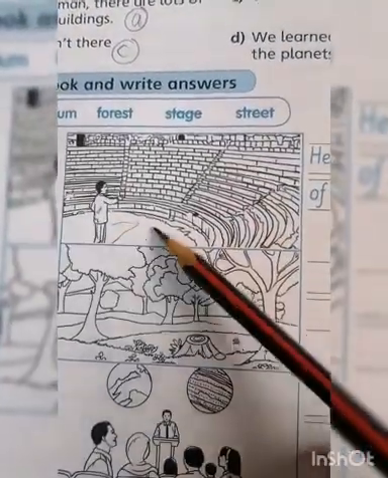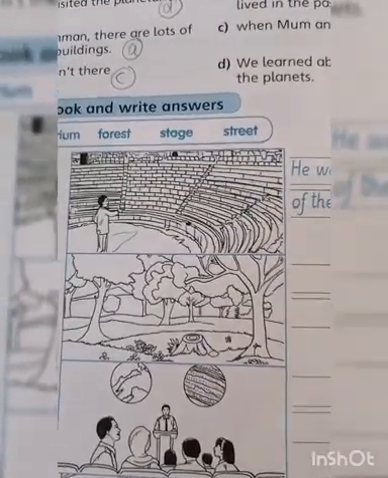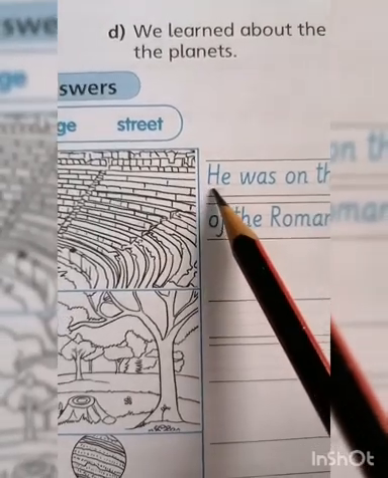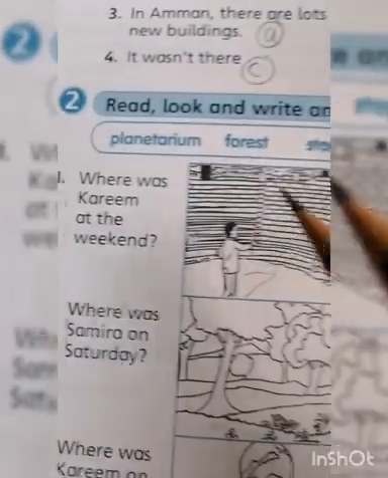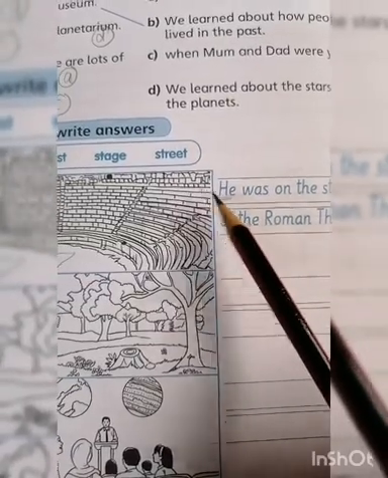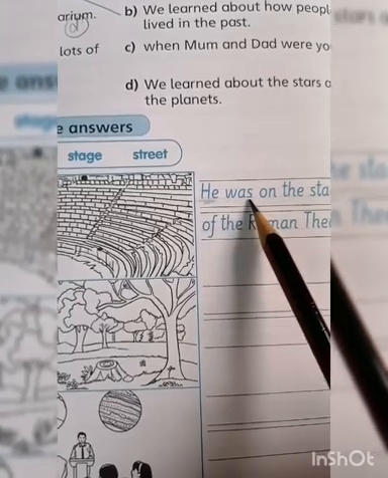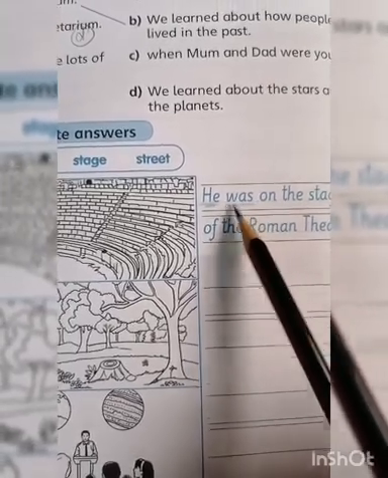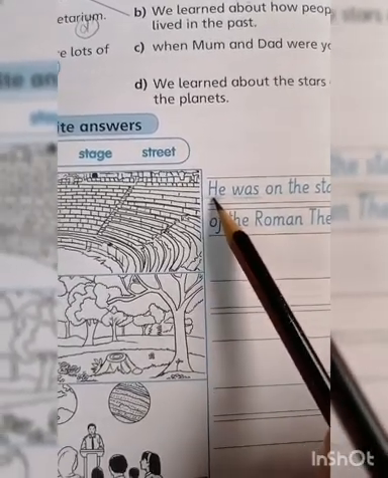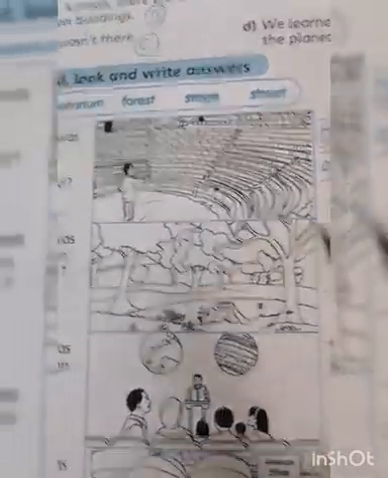Notice here he refers to Karim in the question. We put he instead of the noun Karim. Of course, we should put was for the singular pronoun.